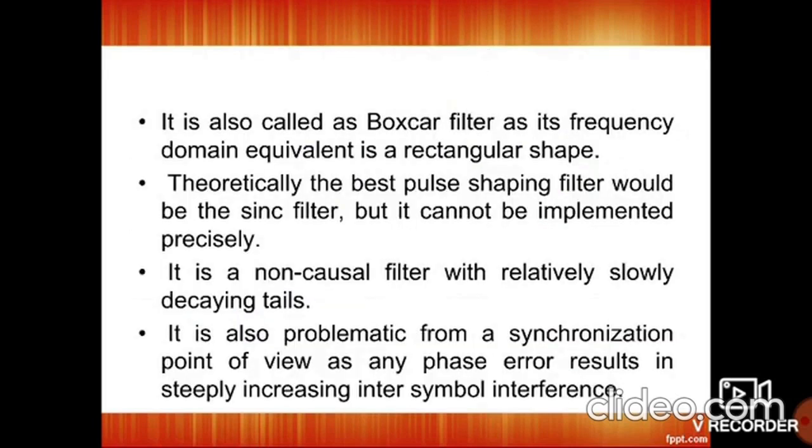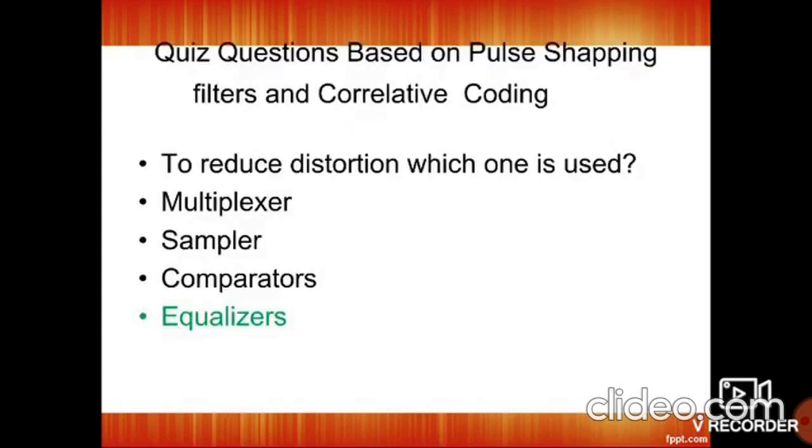The boxcar filter is a filter used as the frequency domain equivalent filter, which is rectangular in shape. Theoretically, the non-Gaussian filter has a relatively slowly decaying trace. Also, the synchronization point is used to view the phase errors.